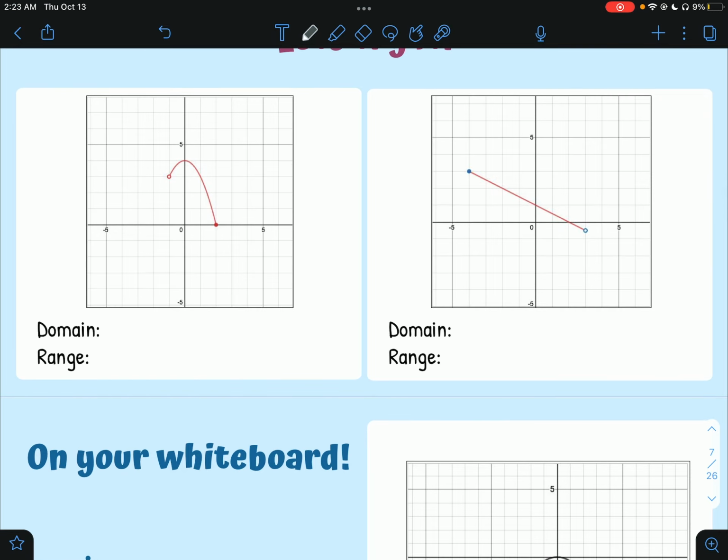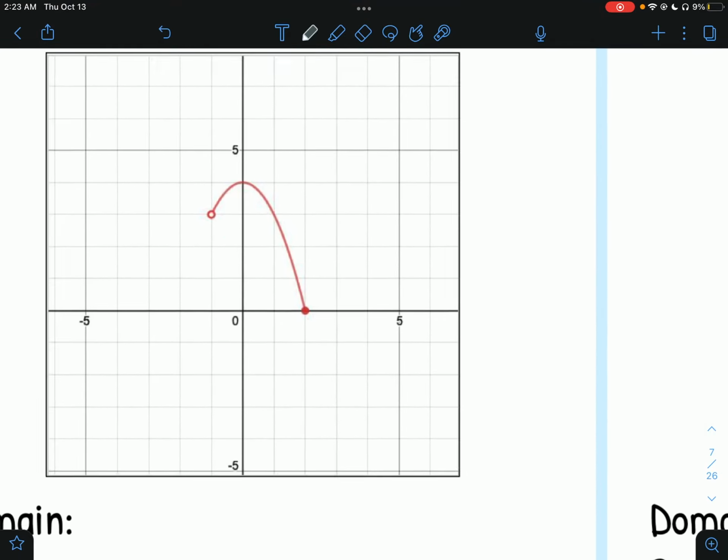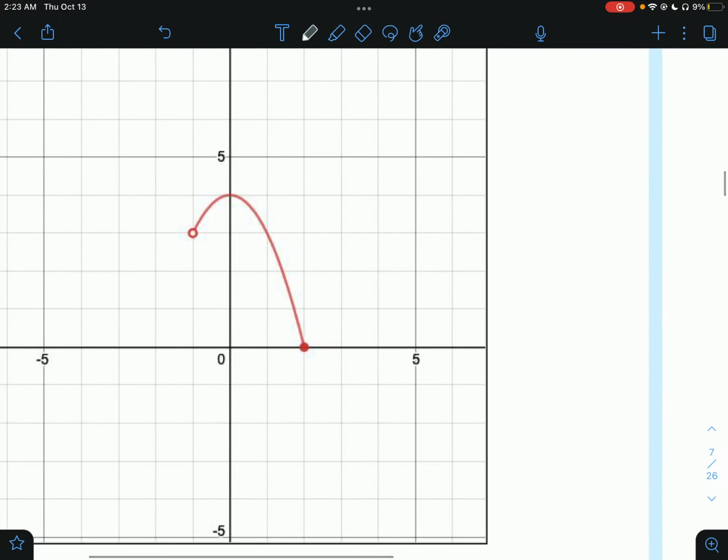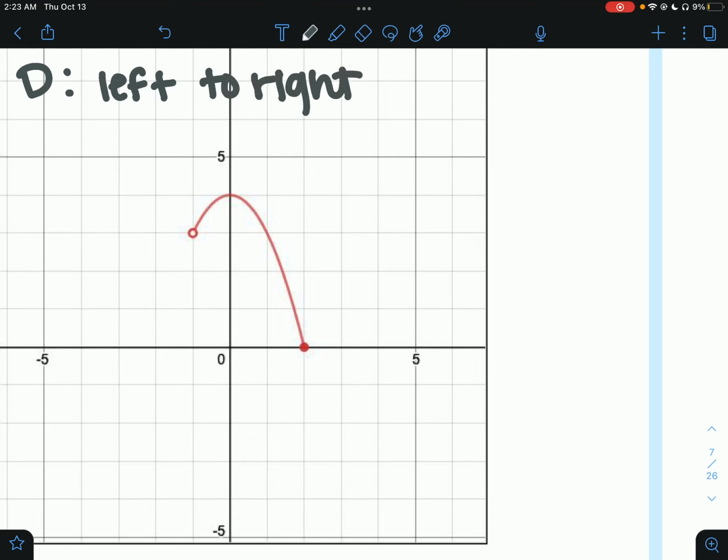Our domain here, we would look closely. I'm going to zoom in. When I made these, I didn't realize quite how hard it was to see those graphs. But when we said domain, I said the important thing to remember is domain is from left to right. So we want the furthest point to the left.